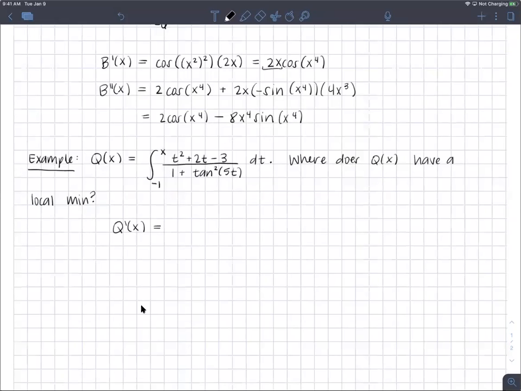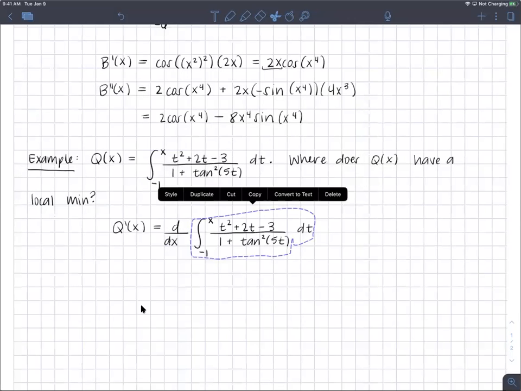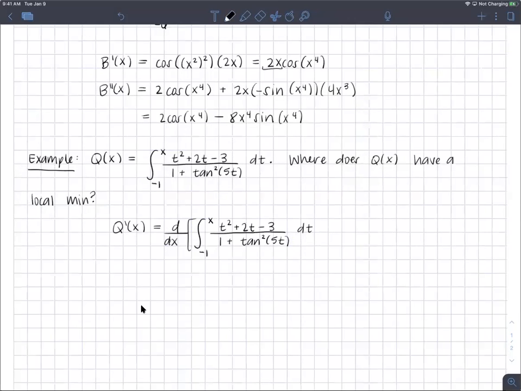So when I do this, I'm getting the derivative of this integral, which that's a lot quicker. And so I'm gonna use the first part of the fundamental theorem of calculus.